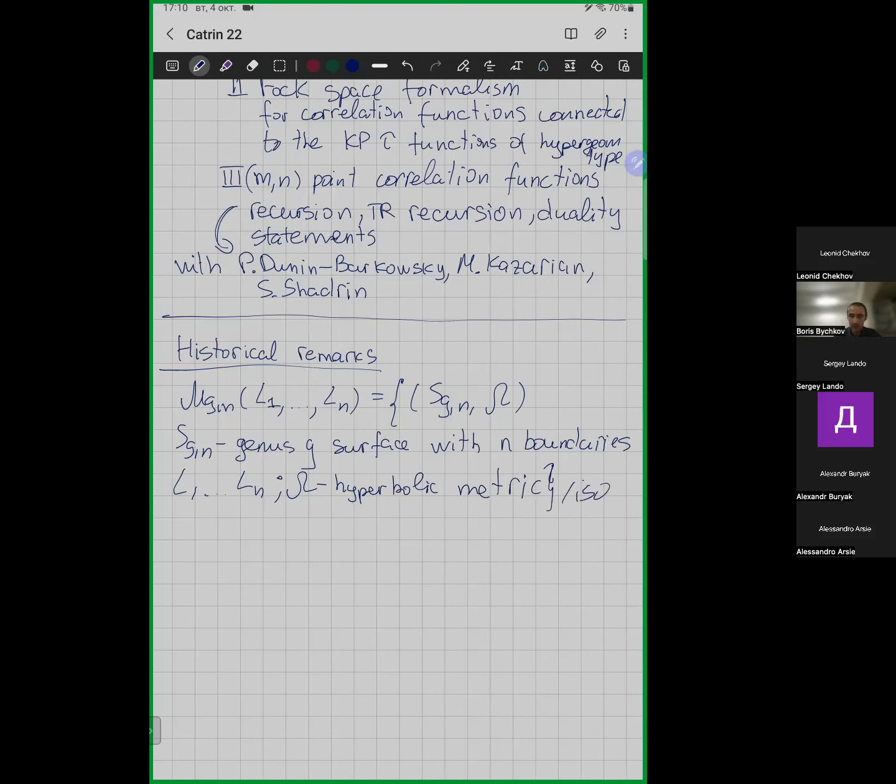One can consider Fenchel-Nielsen coordinates on this moduli space. The coordinates are the following.